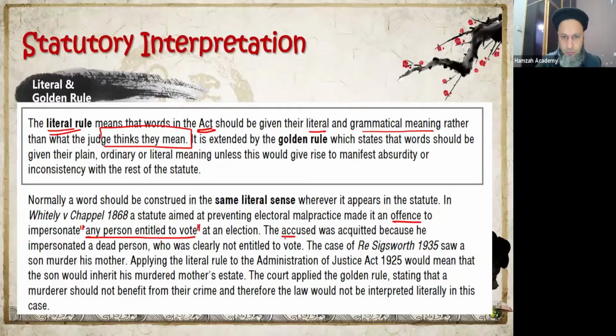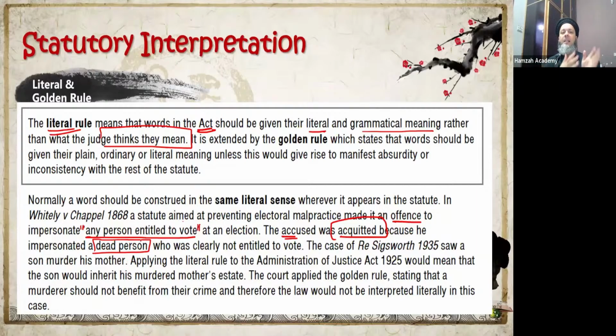The accused, the defendant, was acquitted because he impersonated a dead person. The defense attorney said that the law says it is illegal to impersonate a person who is entitled to vote, and a dead person is not entitled to vote.